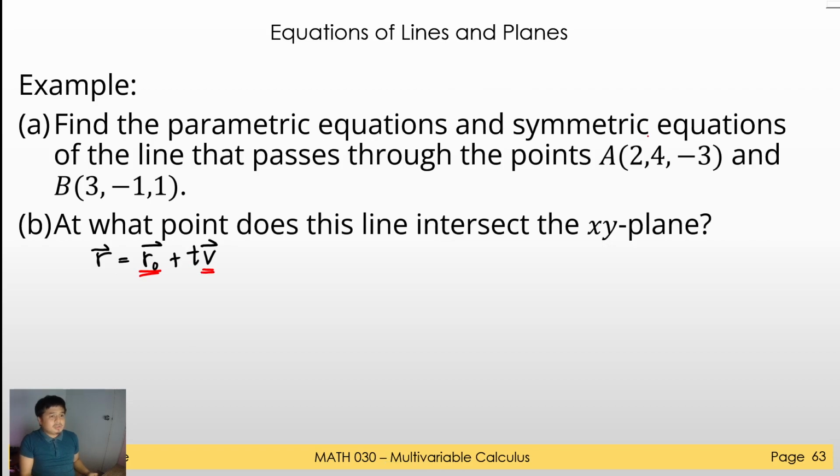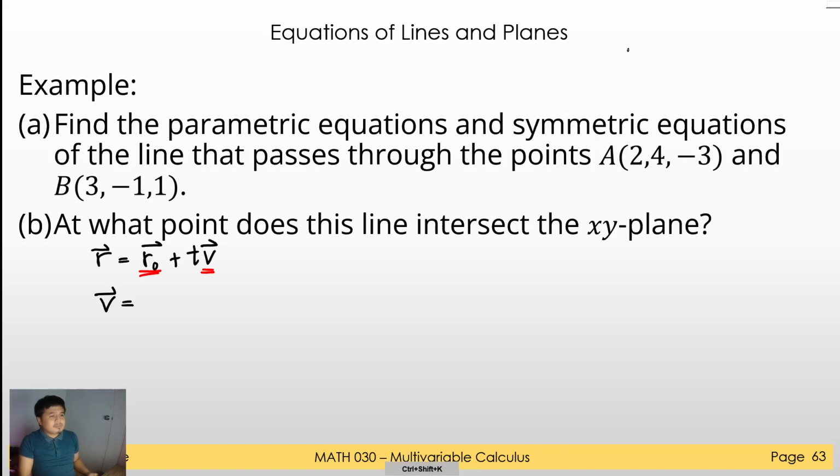To find r sub 0, you can choose this one or this one. Any of the two given points can be a reference point, but usually you can just choose the first one. So how do we find the v now?